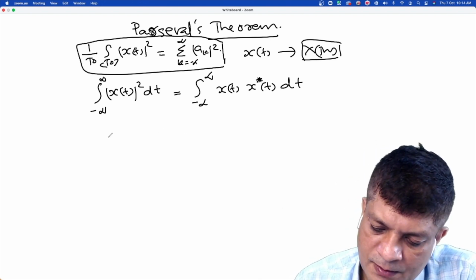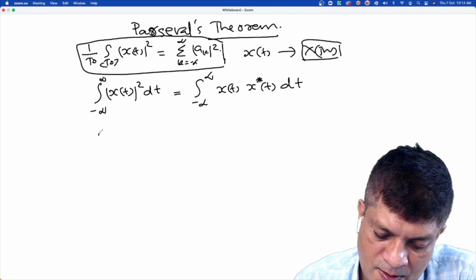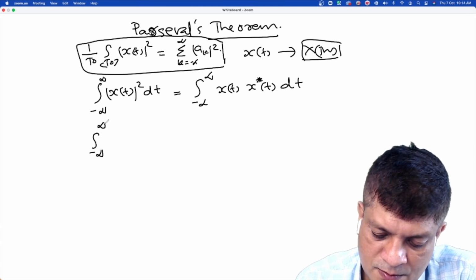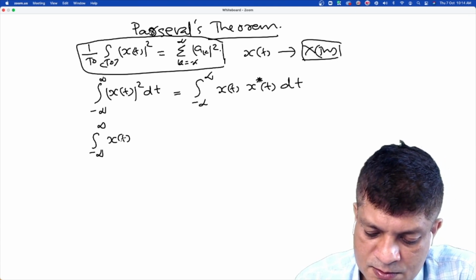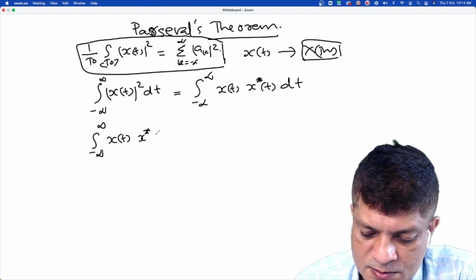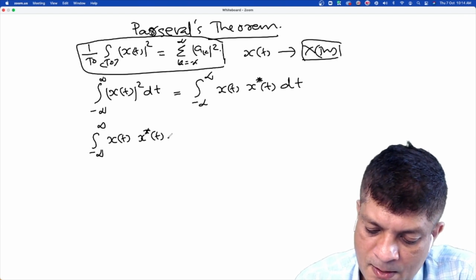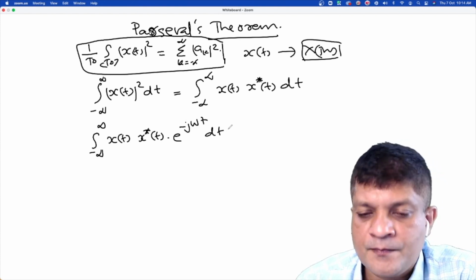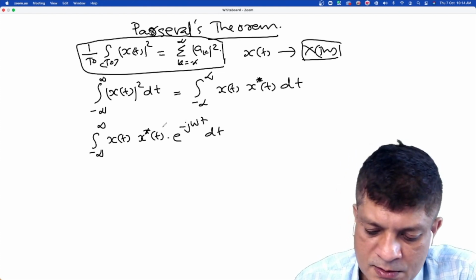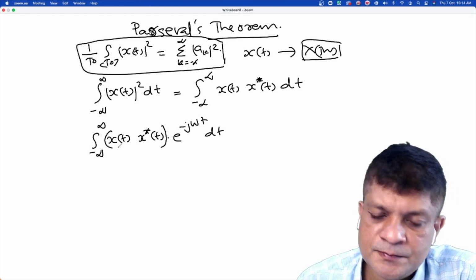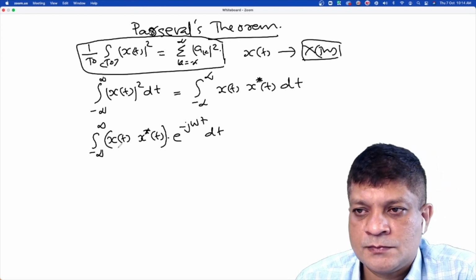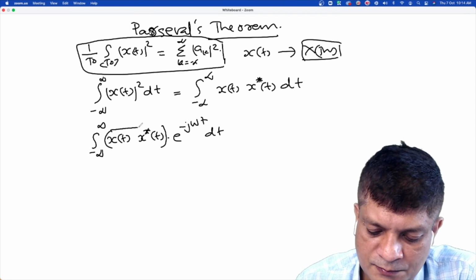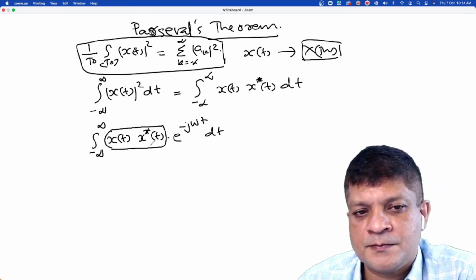Now, can you tell me what is this integral? Integral from minus infinity to infinity of x(t) x*(t) e^(-jωt) dt. Is it the Fourier transform of this? Yes, it is the Fourier transform of this signal.